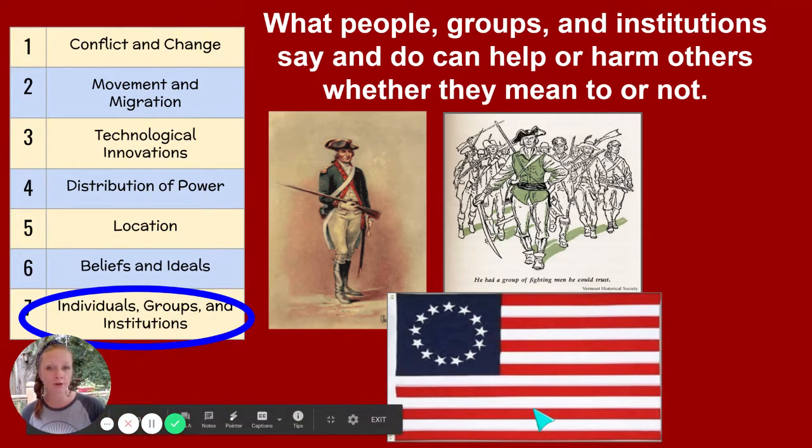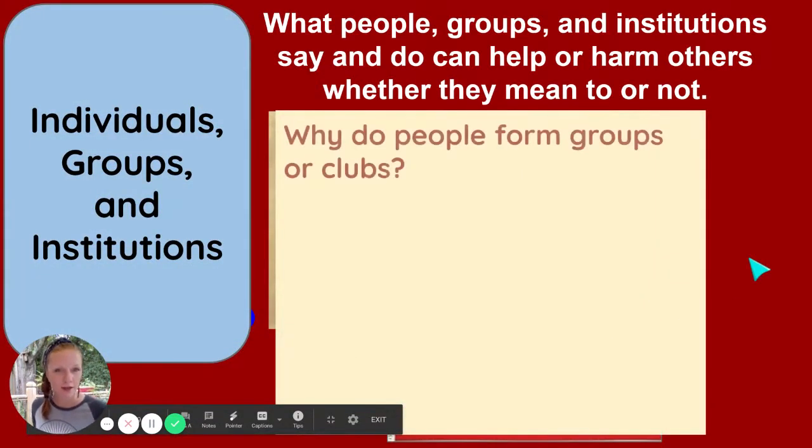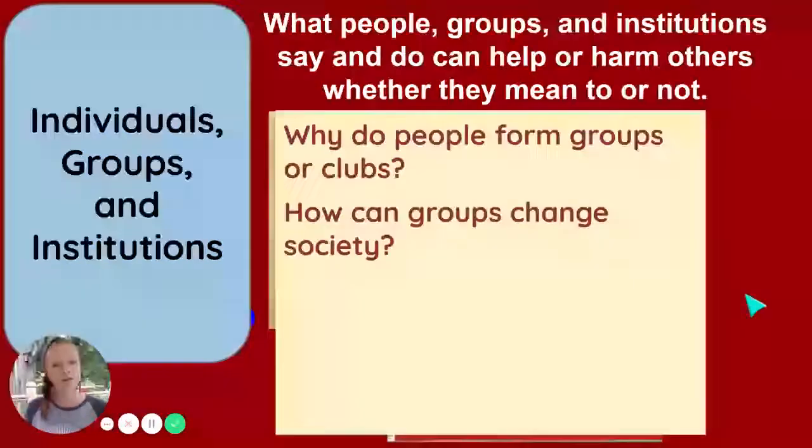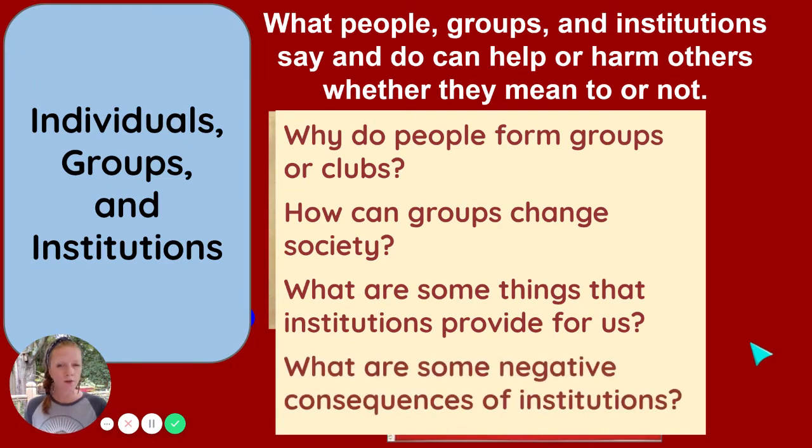And as we're learning about groups in social studies, here are some questions you could ask yourself. Why do people form groups or clubs? How can groups change society? What are some things that institutions provide for us? And what are some negative consequences of institutions?